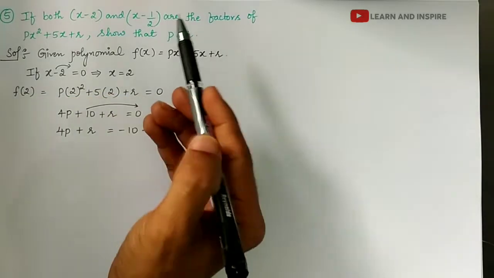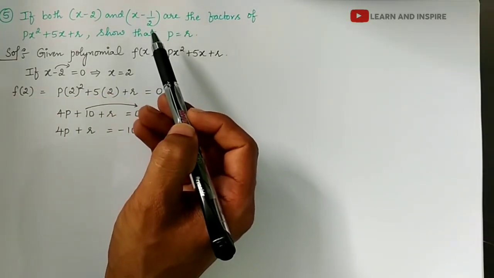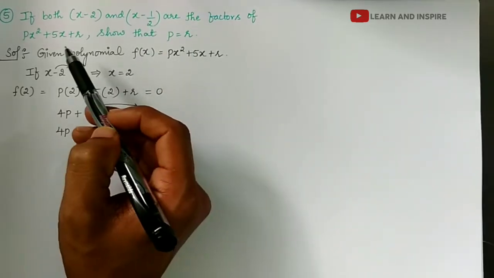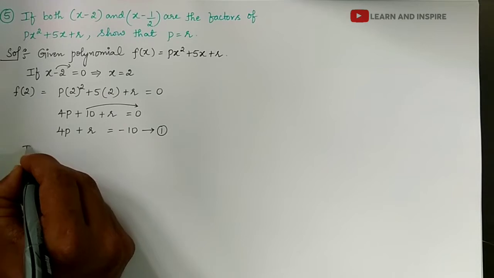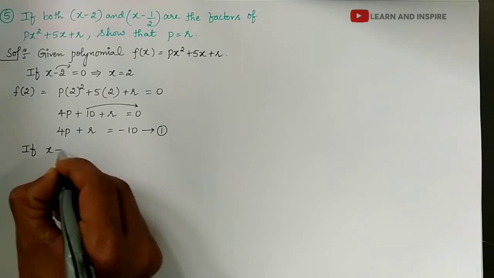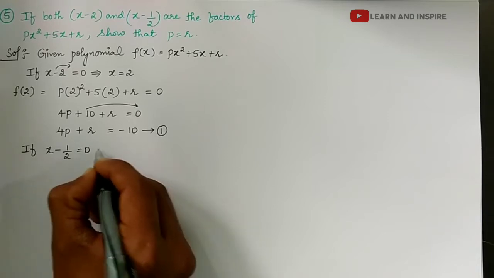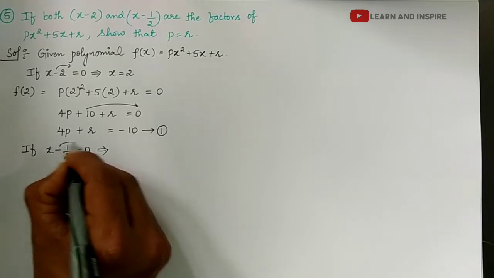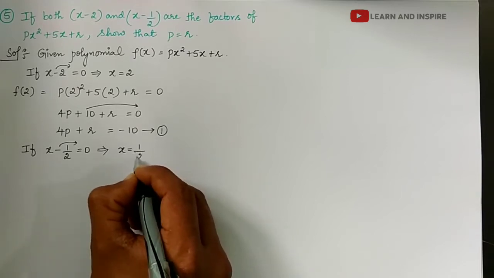Okay, now the next one is x minus 1 by 2. This is also a factor of the given polynomial, which equals 0. So if x minus 1 by 2 equals 0, transposing minus 1 by 2, we get x equals 1 by 2.